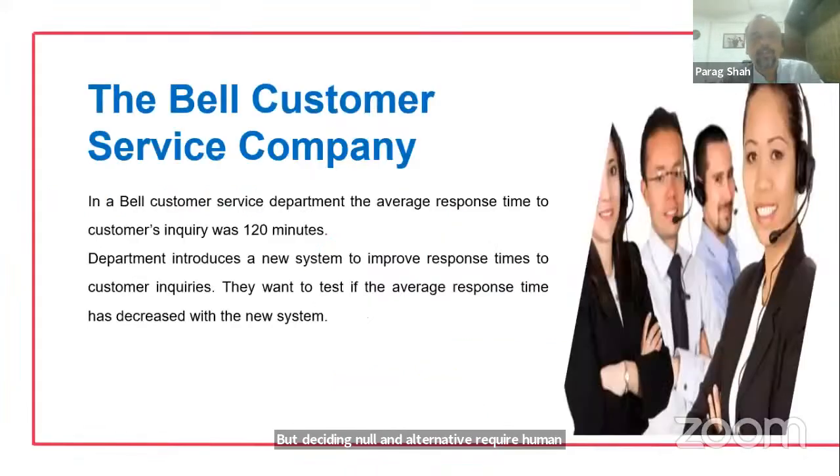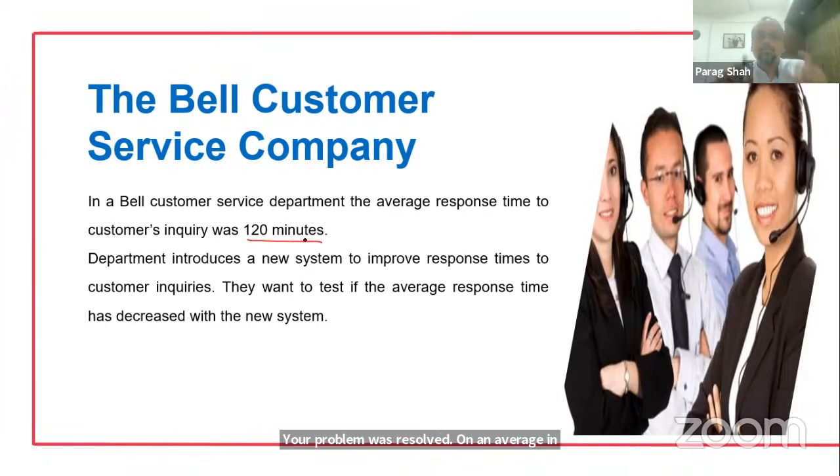Okay. So now I'm taking the case studies. Read the question. In a Bell customer service department, the average response time to the customer's inquiry was 120 minutes. Now, whenever you give a call at the customer care, your problem was resolved on average in 120 minutes.